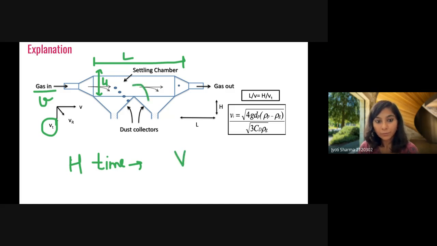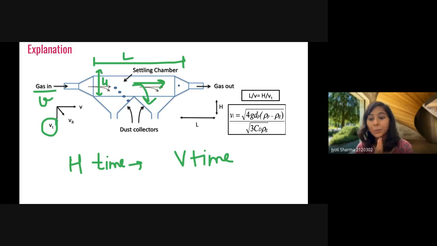So this is your vertical, this is your horizontal. We have time for the horizontal movement, and time for the vertical movement, from up to down. So can you tell me, for the deposition, which of the times should be lower, vertical time or horizontal time? Can you think about this?